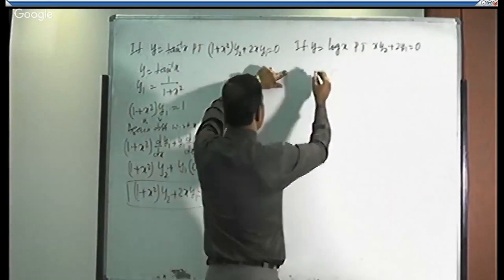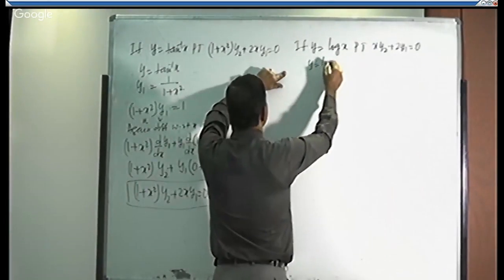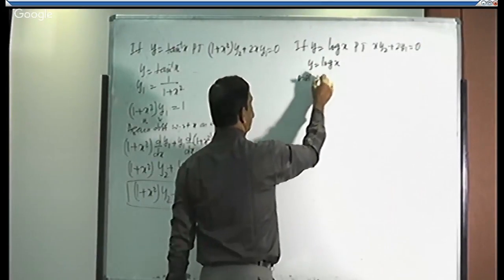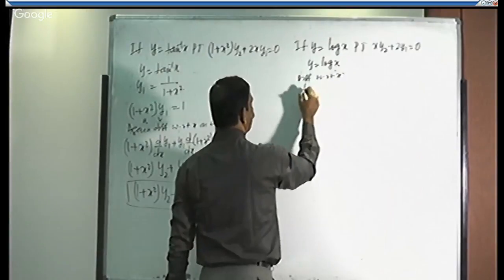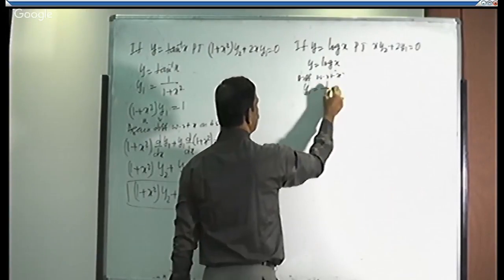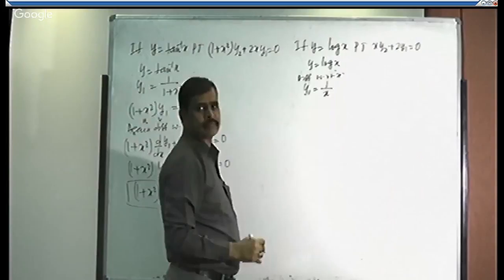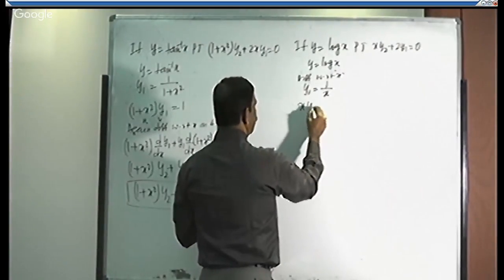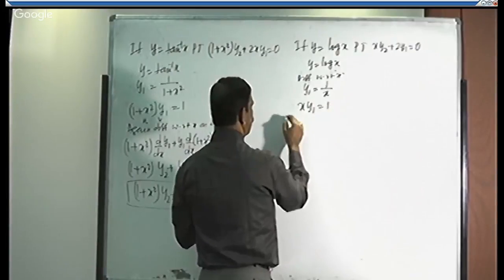What is given? Given function is y is equal to log x. Differentiating with respect to x, we get y1. Y1 is what? 1 by x. Correct? Cross multiply: x into y1 is equal to 1.